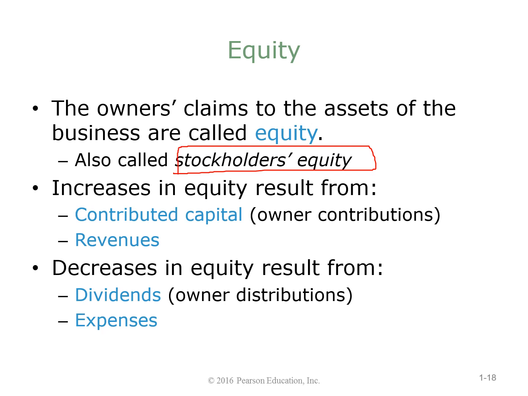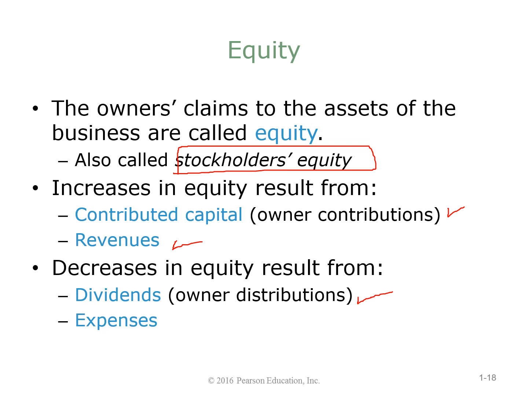Stockholders' equity. And our equity is increased by the contributed capital. The more investment received from owners, the more the equity of the company increases. Whenever the company achieves revenue, this will increase the equity. On the other hand, dividends are the distribution of profit. Whenever the company is making profit, at the end of the year the company pays part of that profit to the owners as a return on their investments.